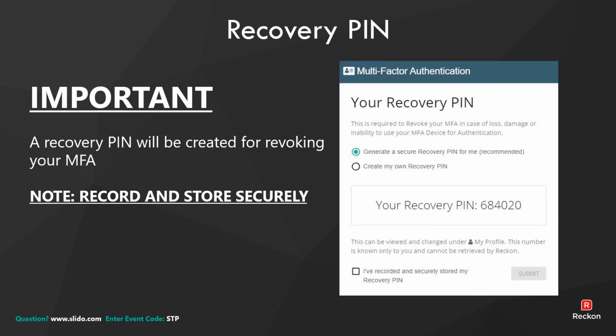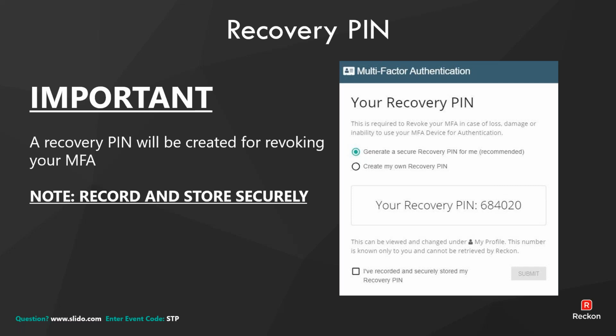We then ask you for a recovery PIN. So we ask you to create a recovery PIN in case you want to revoke your MFA. So say, for example, you may have lost your phone, or it's been stolen, and you can't access that device anymore.